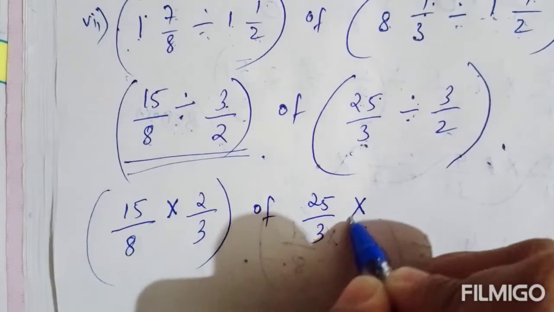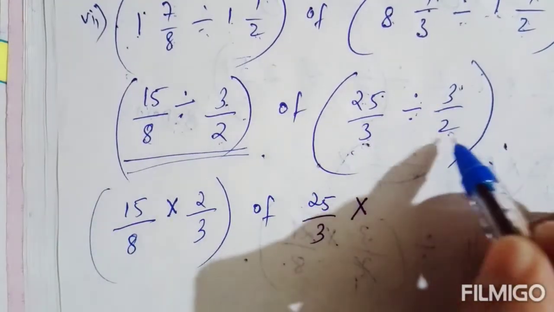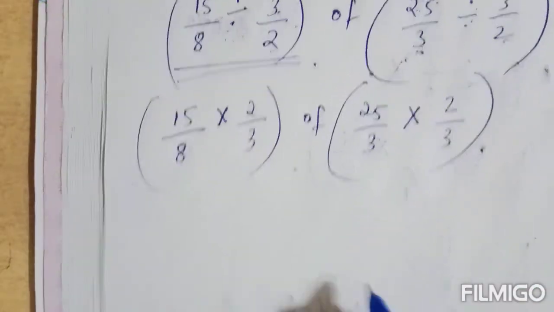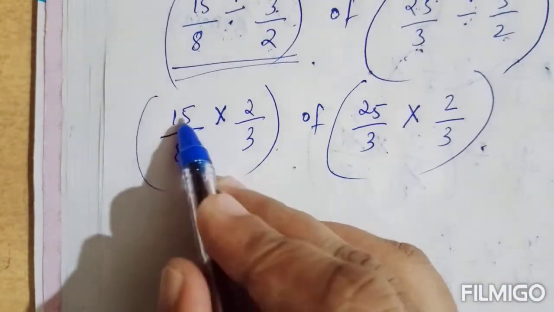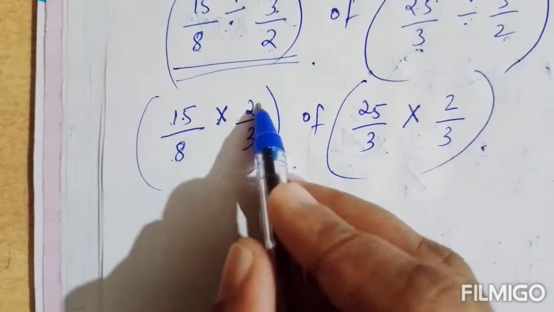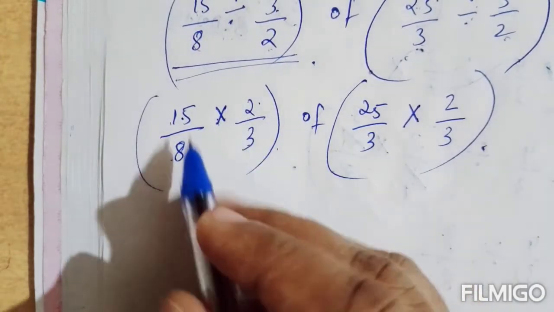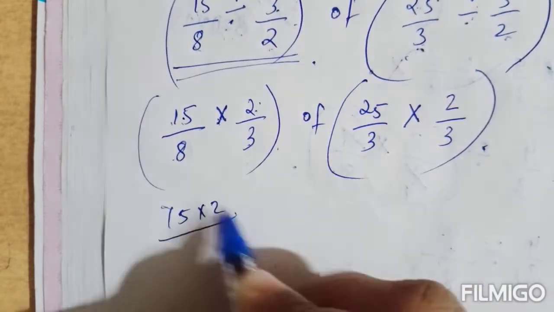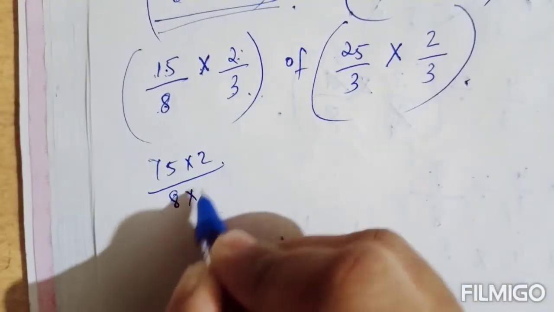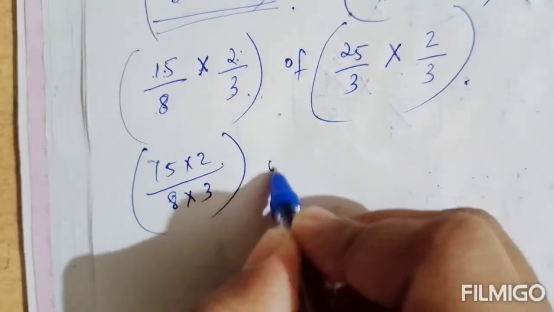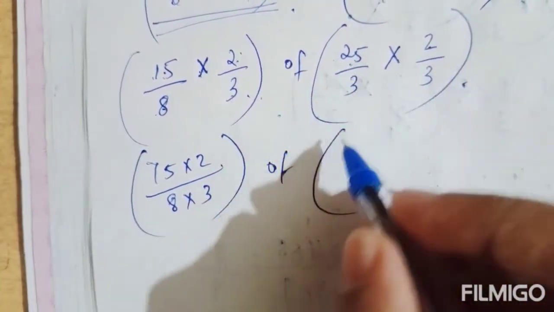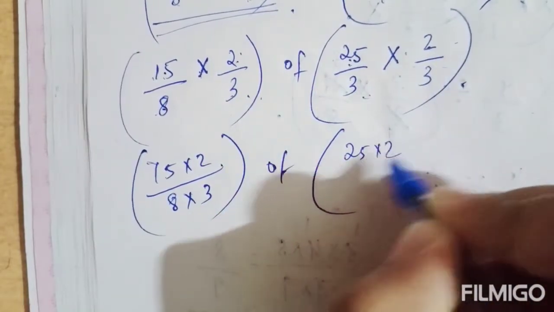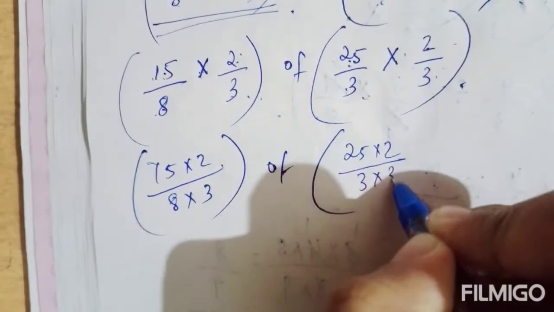Division sign, change that to multiplication sign. 3 by 2, its reciprocal is 2 by 3. Now finding the product. 15 by 8 into 2 by 3. So 15 into 2 by 8 into 3, of, here also product of numerator by product of denominator, 25 into 2 by 3 into 3.